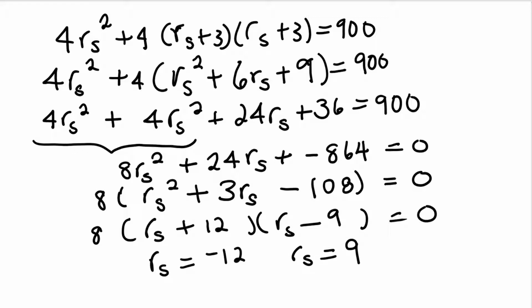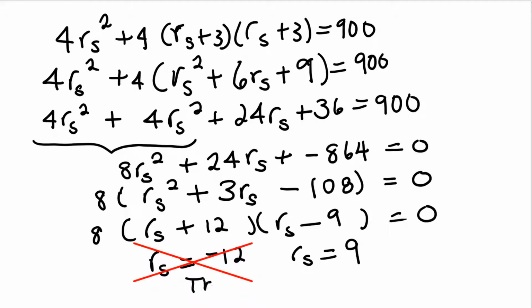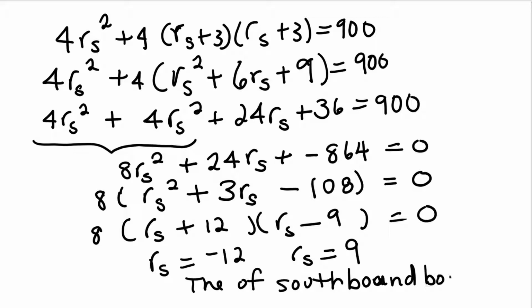We are looking for the rate of the boat, and we need this to be positive because that's how we defined it. So the rate of the southbound boat is 9 miles per hour.